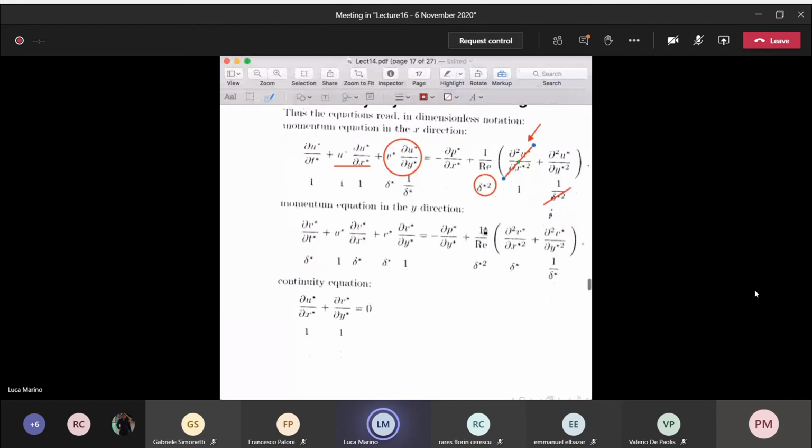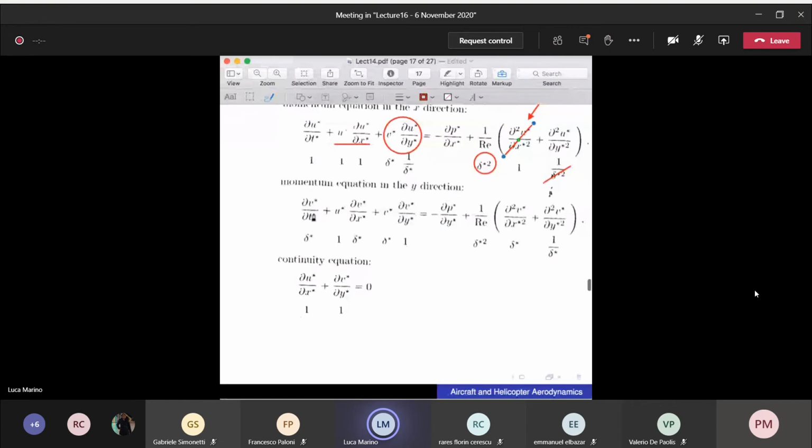A little bit different is the momentum equation in the y direction. As we see, we have terms of order delta here, here, and here. Here this is of order 1 over delta, so I should write here 1 over delta. Here it is delta star, like before, delta and delta star.